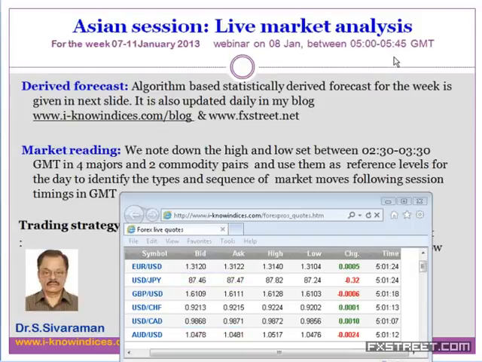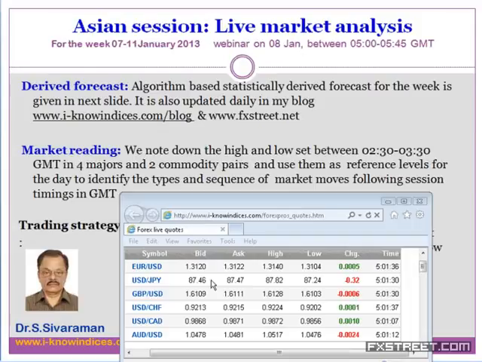So first of all, I will review the market with the help of the live market quote page. You can see that euro is currently trading around 1.3120 and yen is trading around 87.46, and it was trading yesterday about the 88 level and has come down.